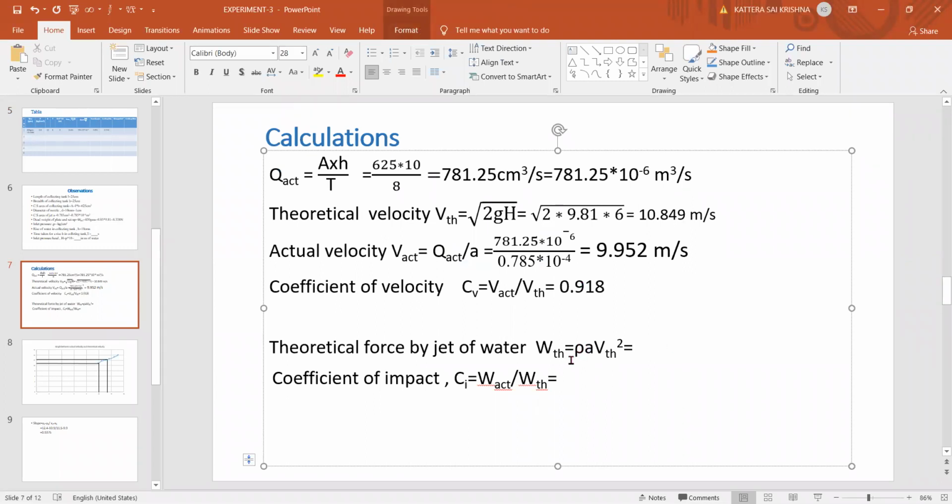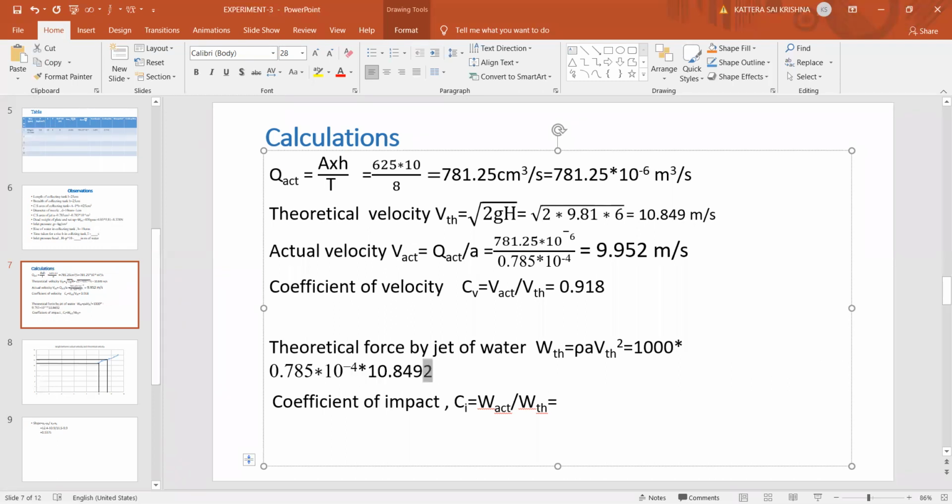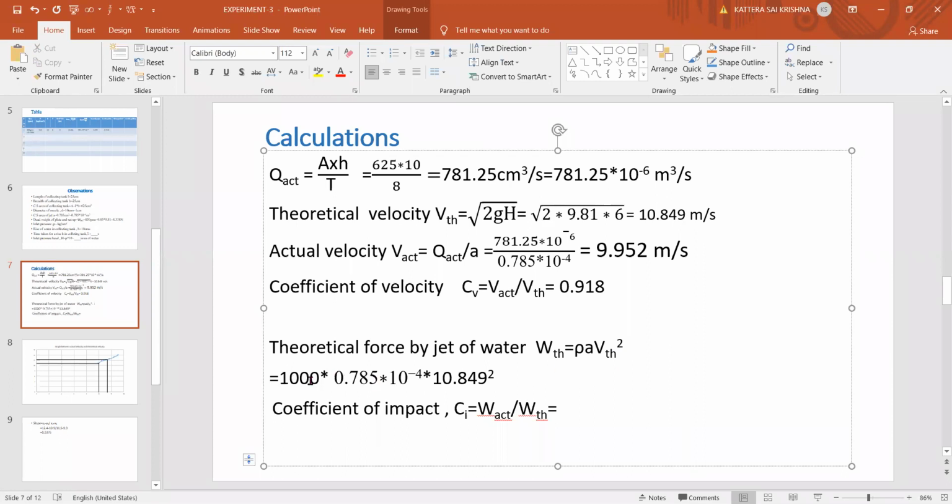Now this is density of water, so 1000 into area of this jet into V theoretical. What is VTH value? 10.849.